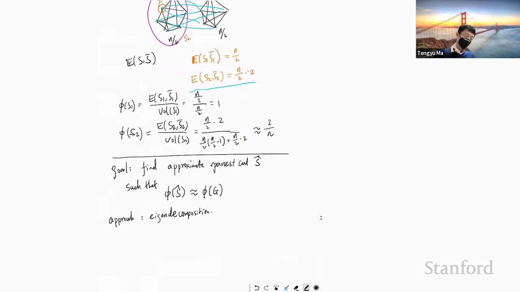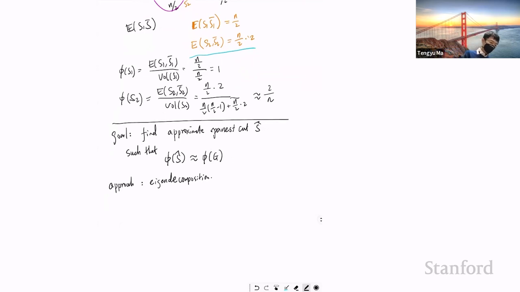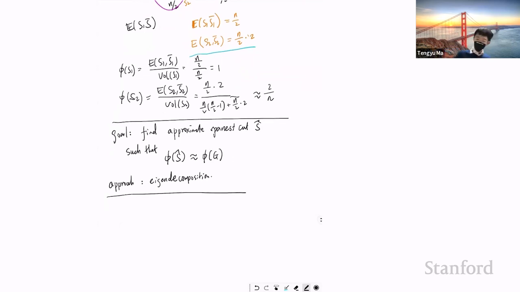How do we do this? For us to even state what we mean exactly by eigenoptimization and what kind of results we can have, first of all, let di be the volume of the node i.